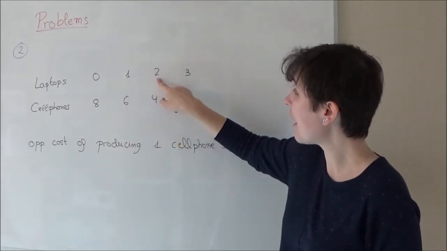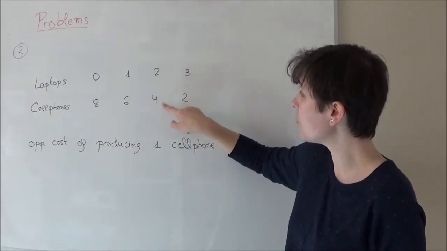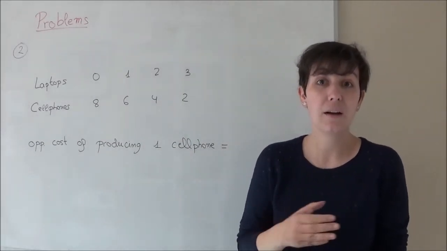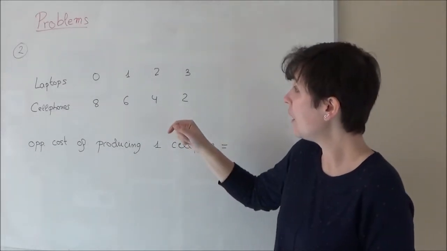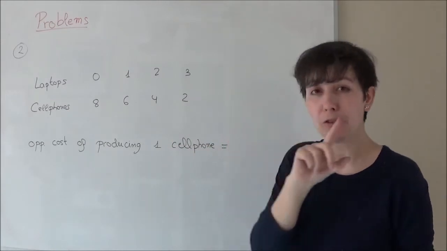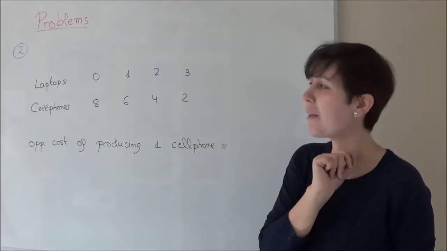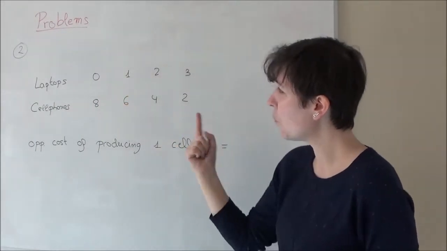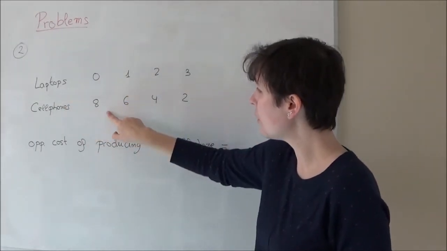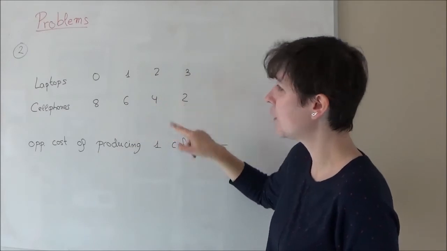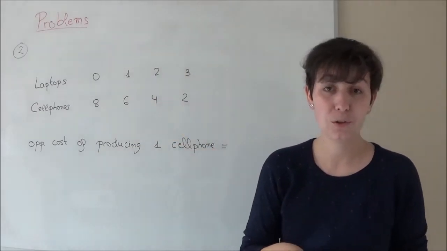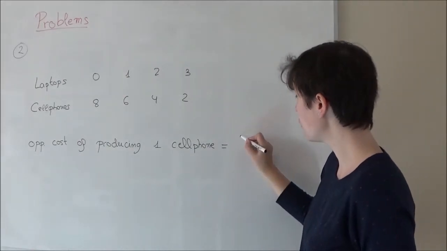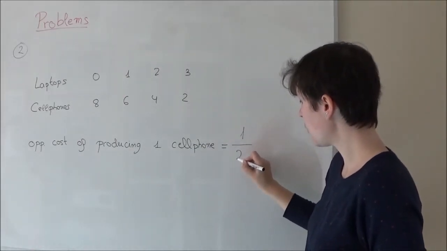Of course, that is going to happen always, because as we said, the production functions are linear. So we have that information, and we can use it. So the opportunity cost of producing 1 laptop more is always 2. So, for sure, the opportunity cost of producing 1 cell phone is going to be just the inverse, 1/2.